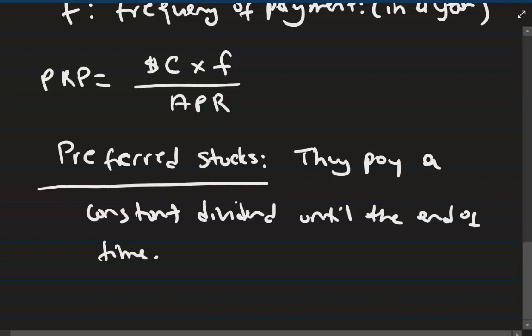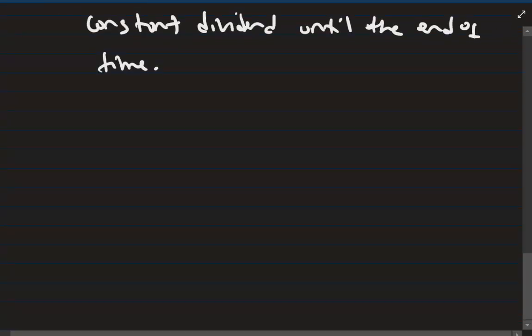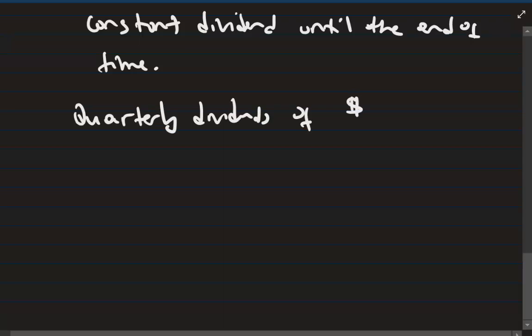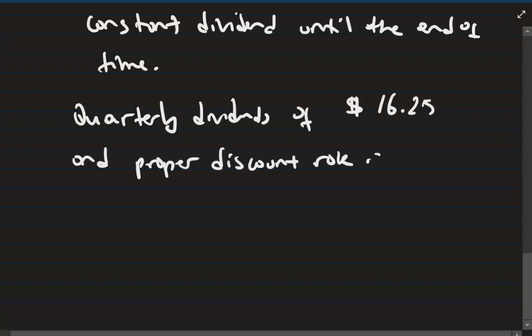Let's say we have a company that pays quarterly dividends of $16.25, and proper discount rate is 20%. So what is the value of this preferred stock?